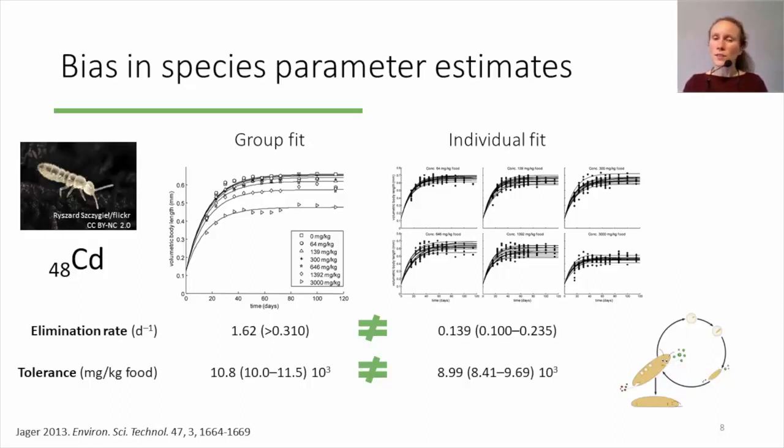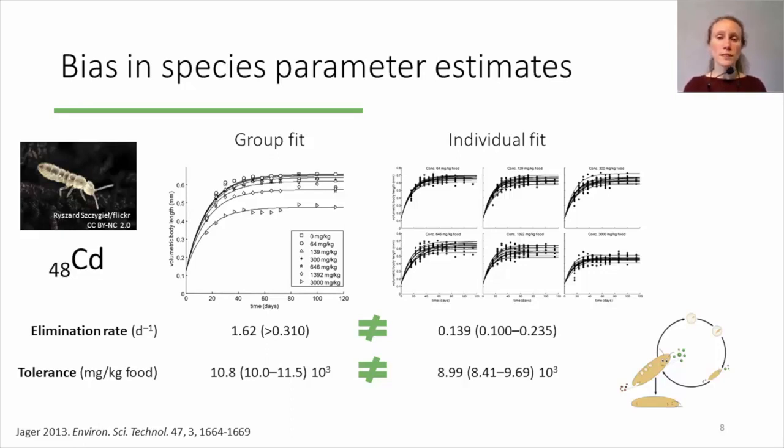So that might be a bit tricky to understand. So I will give you an example here. We have these springtails, and they studied the effect of cadmium on these soil organisms. On the left, they use what we usually do when we do estimation in the DEB context. So they did a group fit, which means that they averaged the size for each treatment group and time point.